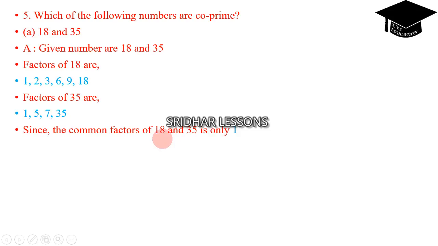The common factor of 18 and 35 is only 1, if you can observe. No number matched with the other except 1. So 18 and 35 are called co-prime because the common factor of 18 and 35 is only 1.